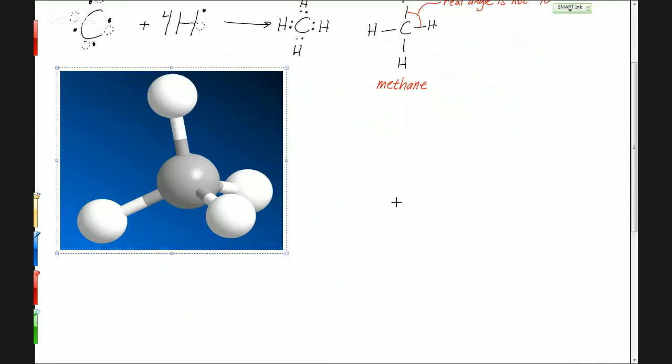So we can imagine that gray ball, that carbon atom, in the middle of the cube. That's our carbon. And then the hydrogens on the corners of the cube, kind of alternating corners across the diagonal. So let's see if I can draw this here.